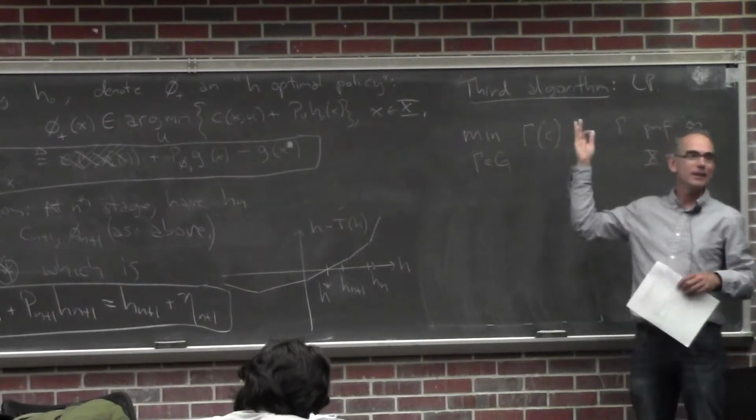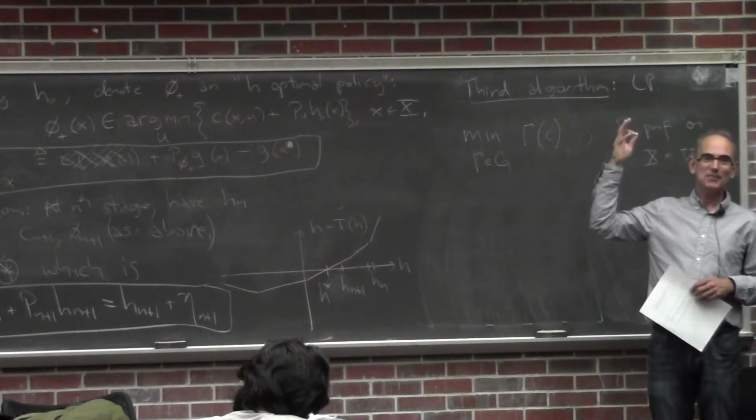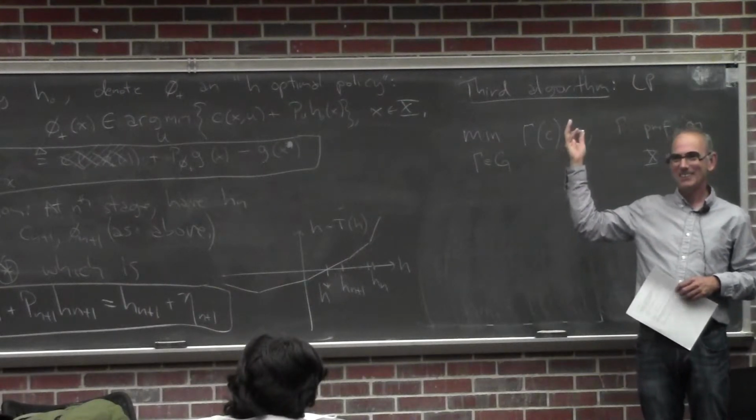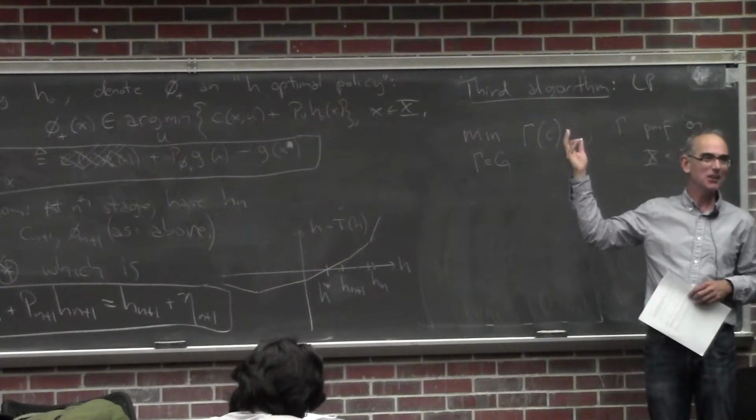And G is the set of all possible steady state distributions on the pair.